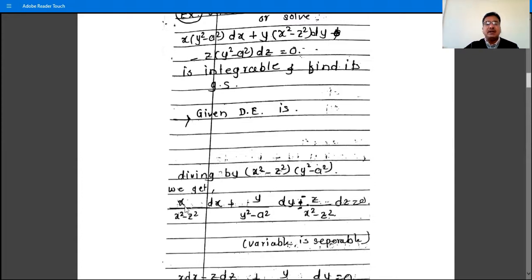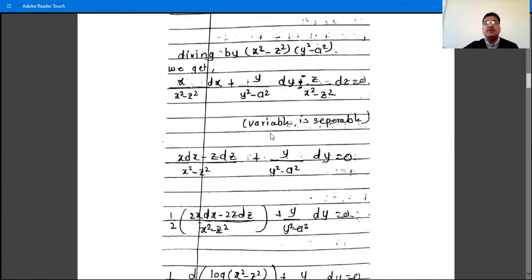So what do we have? The coefficient of dx is x by (x square minus z square), dx plus y by (y square minus a square) dy, and minus z by (x square minus z square) dz is equal to 0. And this is one variable separable. So the y variable is separated in this example. x and z are mixed variables.